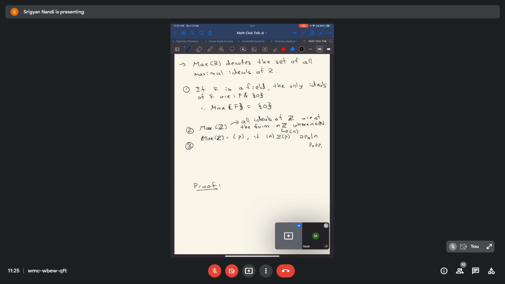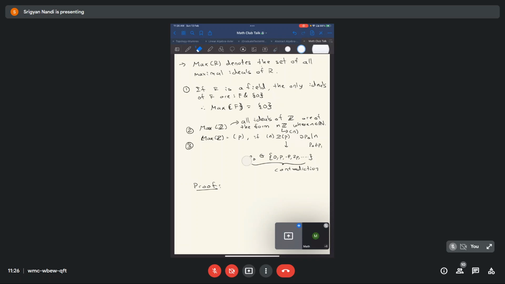Then what we actually have is that all the prime multiples, 0, p, minus p, 2p, etc., it means that p naught should belong in this, which is actually a contradiction. So there cannot be any proper ideal of Z that contains an ideal generated by a prime number.